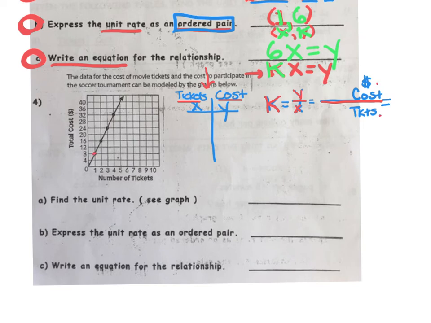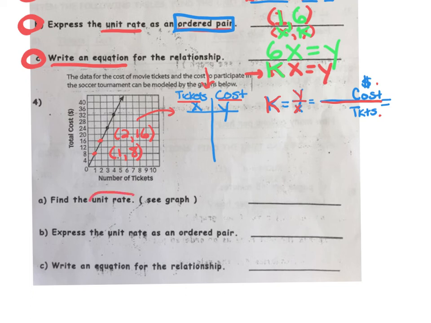Pull a few points off this line, like 1 ticket for every $8. Grab another one: 2 tickets for every $16. And put those ordered pairs in the table and work with them.